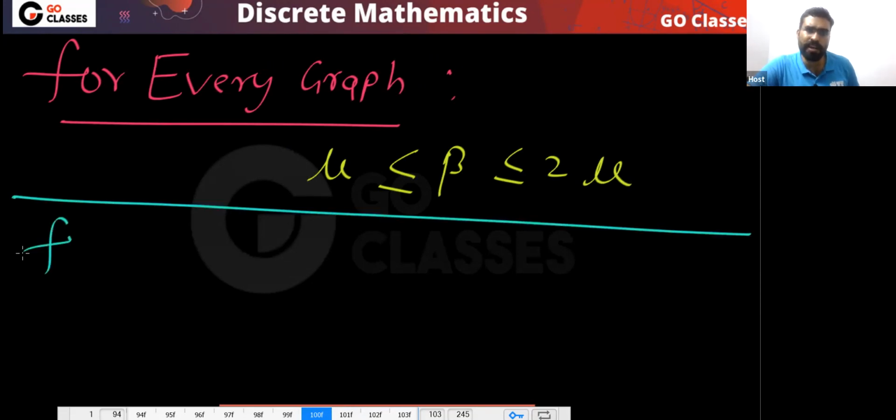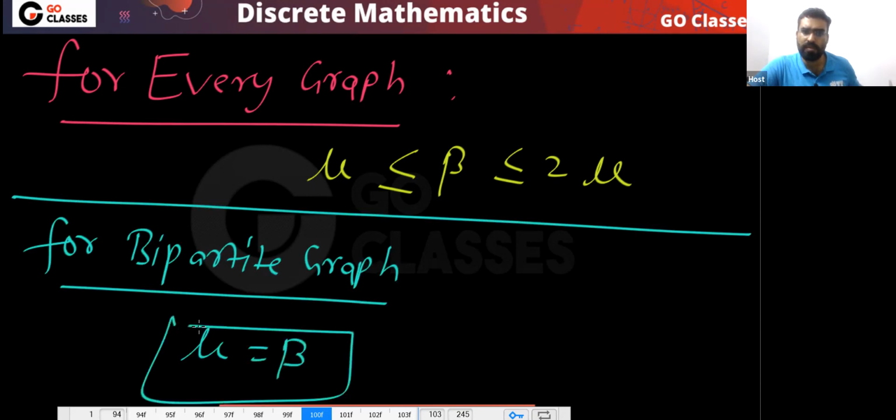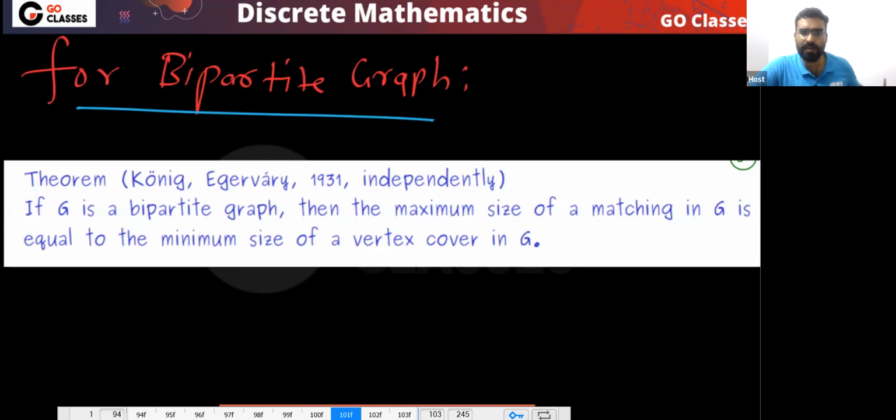But for bipartite graph, what will happen? For bipartite graph, mu will be equal to beta. They will become equal.